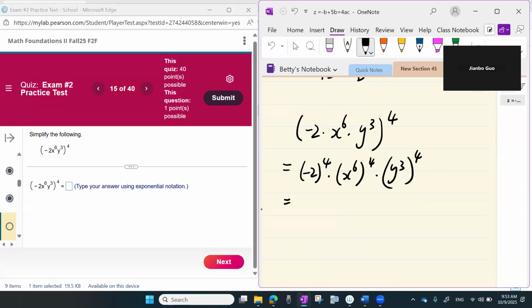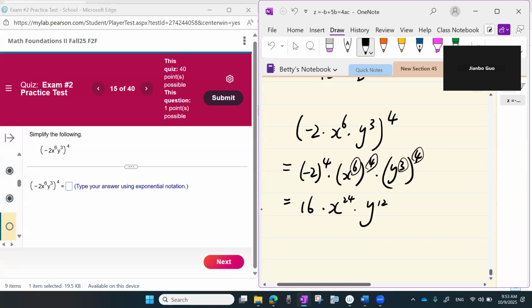Okay? And 2 to the power 4 gives 16, because 2 times 2 times 2 times 2 gives 16, right? For this part, we use the power rule: keep x and multiply 6 and 4, which is 24. Similarly, we apply the power rule: keep y and multiply 3 and 4.